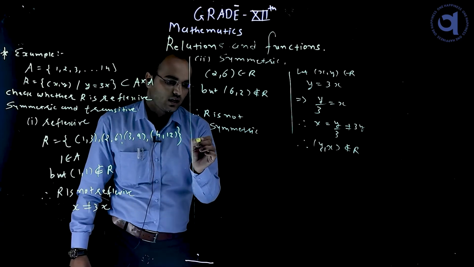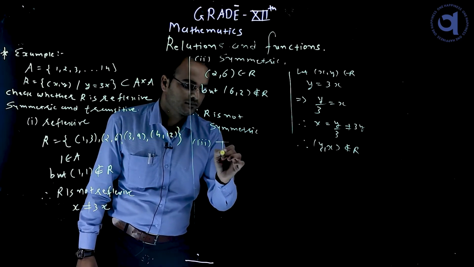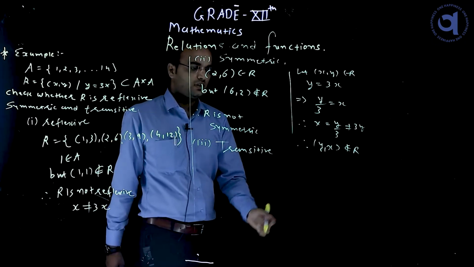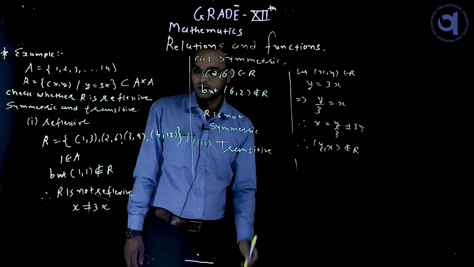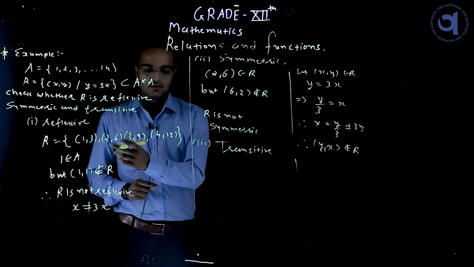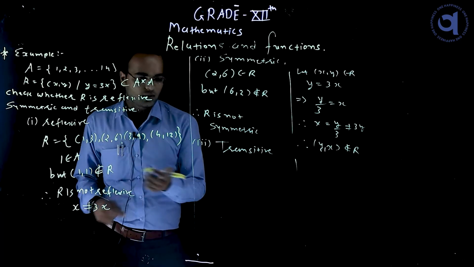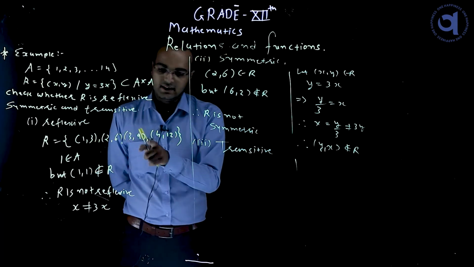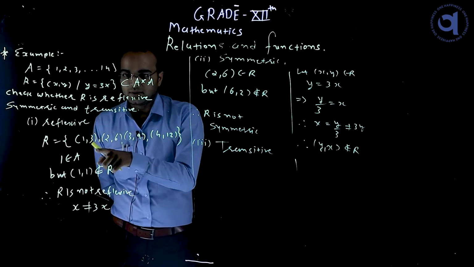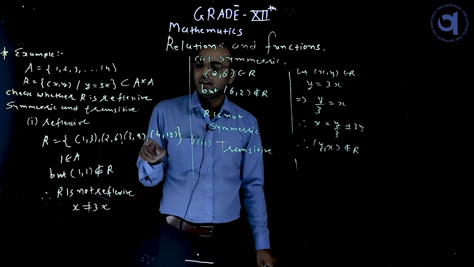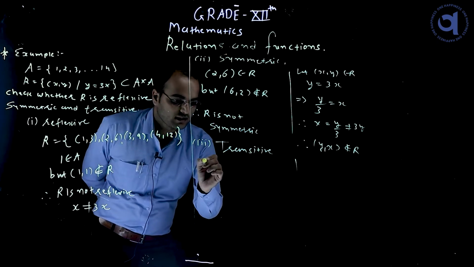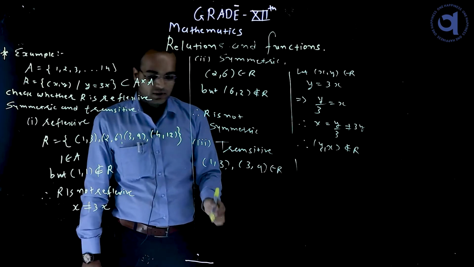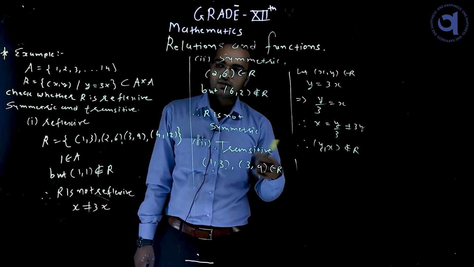And now the third thing is transitivity. Now check with a particular example. Suppose, consider two ordered pairs, like 1 comma 3 and 3 comma 9, that means the second element of the first ordered pair and the first element of the second ordered pair are the same. So consider 1 comma 3 and 3 comma 9 belong to R. That means 1 is related to 3 and 3 is related to 9.